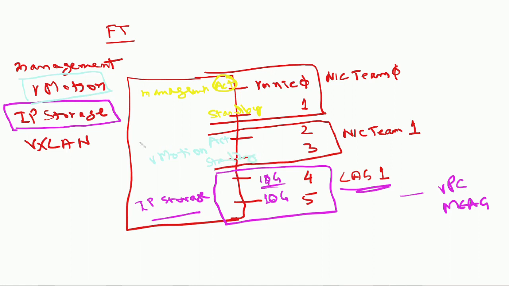Okay, and then you can have your VXLAN specific LAN work in the opposite way. So see if I can find yet another color here. For the VXLAN traffic, I'm going to have this one on 2 as standby, in a different color, and the other one would be active.